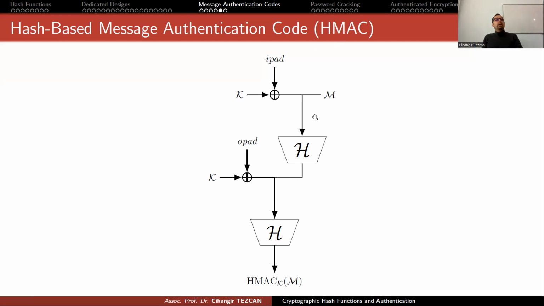So in HMAC, you calculate the hash twice, but the second hash operation is negligible compared to the first. For instance, assume that your message is 1 gigabyte, okay? Since you are going to divide it into blocks when you are using SHA-256 or anything, it takes a lot of time to calculate this hash. But once you calculate this hash, the output is short, like 256 bits. So calculating this final hash is most of the time negligible.